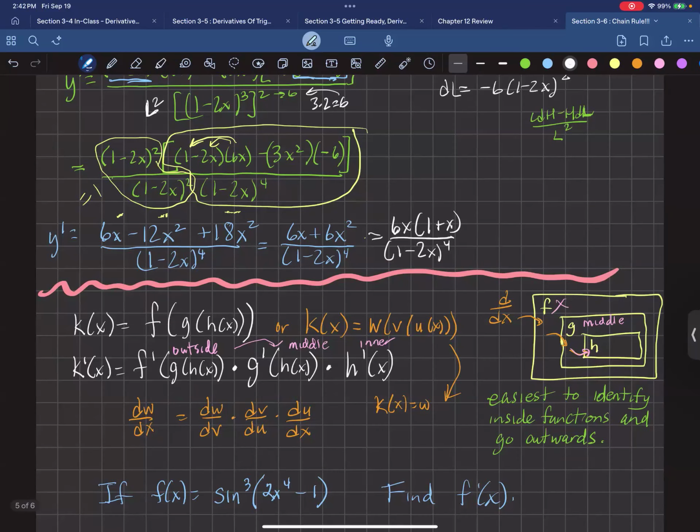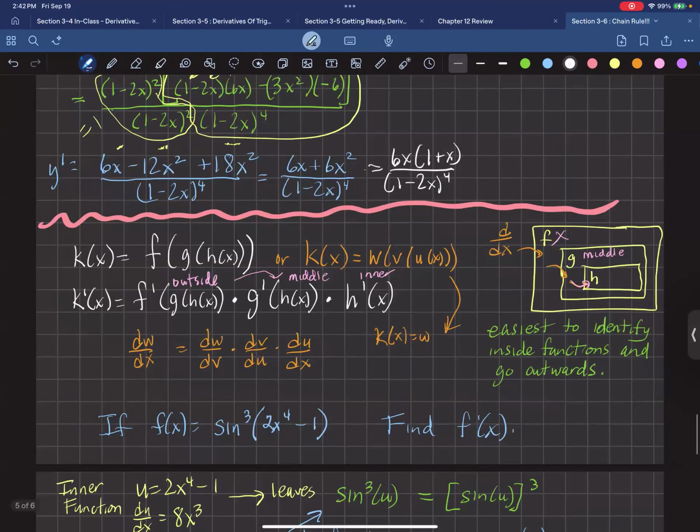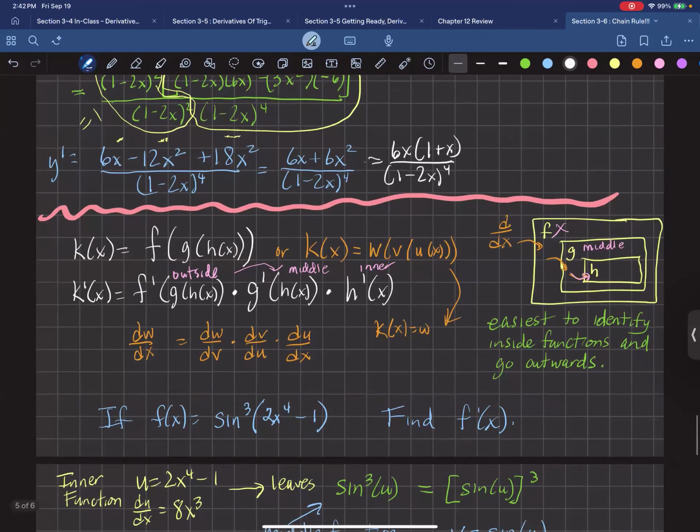So let's say f of x equals sine cubed of 2x to the 4th minus 1. And we want to find the derivative of this. So if I were to say there's an inner function here, it looks like 2x to the fourth minus 1 is the inner function. So I'm going to say u equals 2x to the fourth minus 1, and that'll give me a sine cubed u. And if I find du dx, I have 8x cubed. Sine cubed u is sine u, and then all of that cubed.